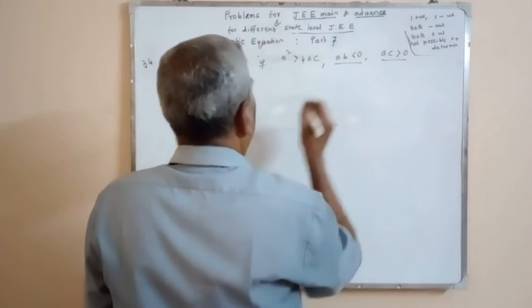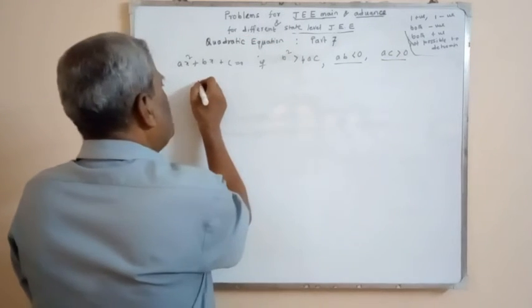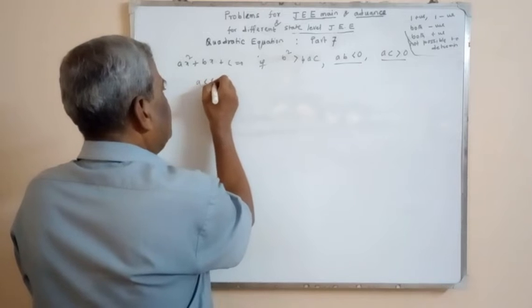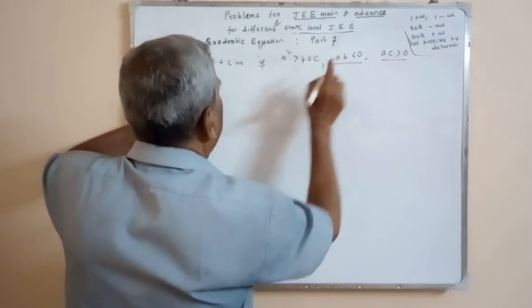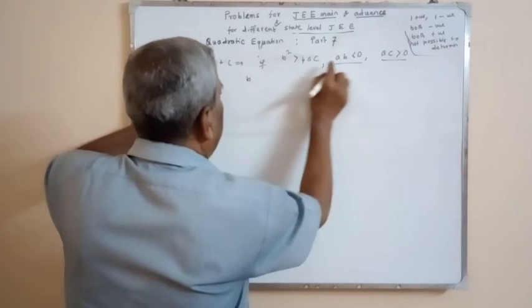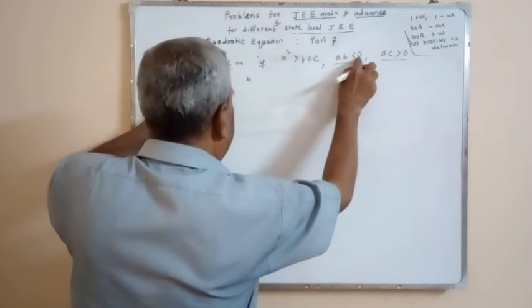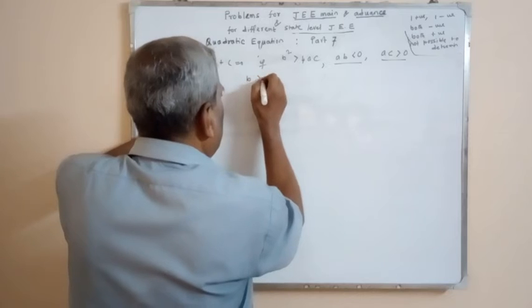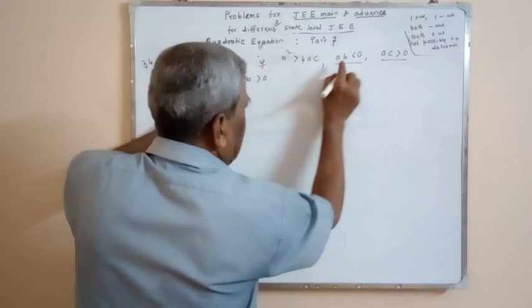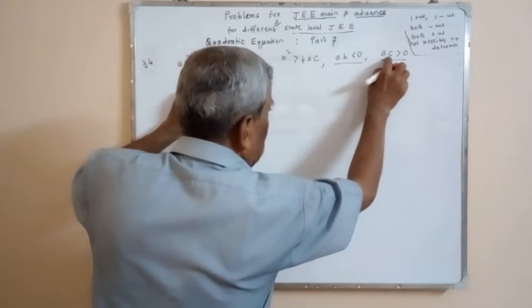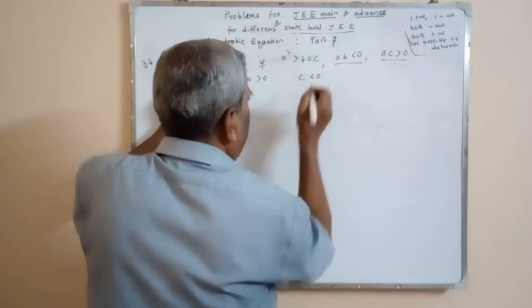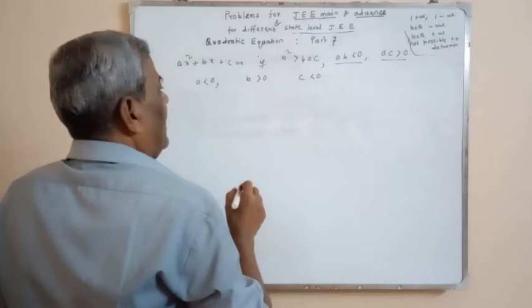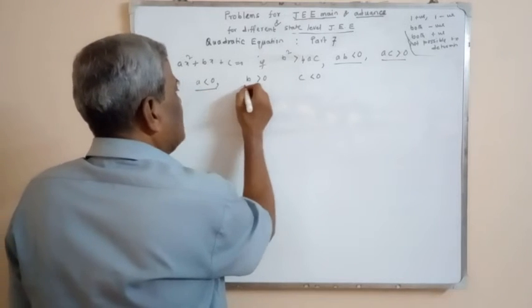Now suppose A is negative, then what would happen? A into B is negative, A is negative, so B is positive. And A into C is positive, A is negative, so C is negative. This is one case.